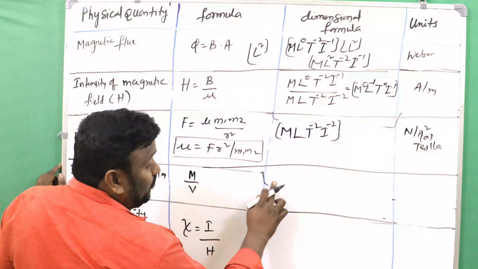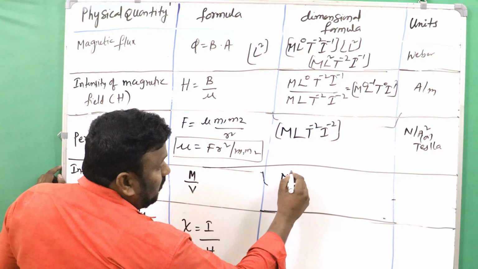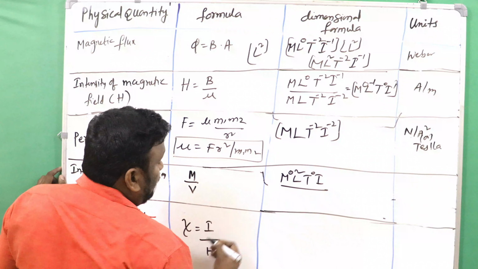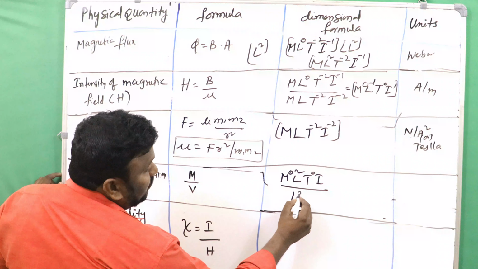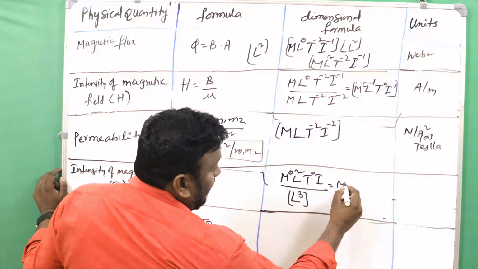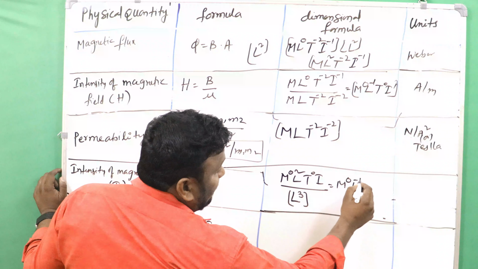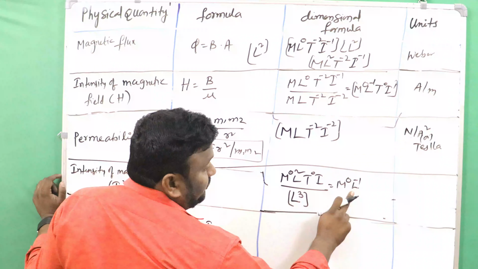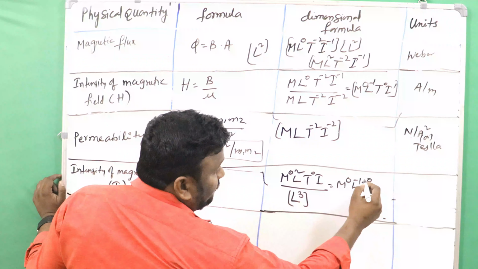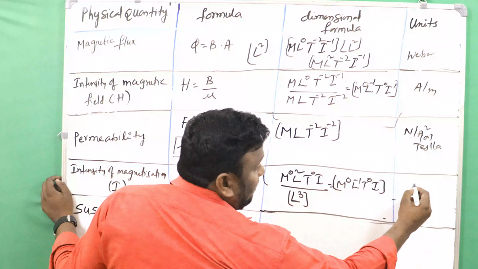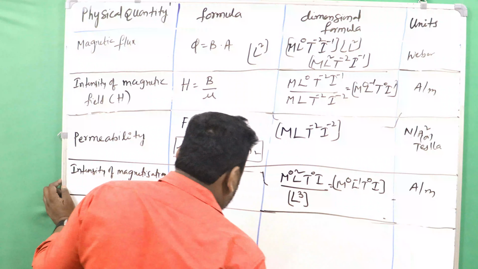Here magnetic moment is M to the power of 0, L square, T to the power of 0, I, divided by volume L cube. Then obviously M to the power of 0, L to the power of 2 minus 3, which is L inverse 1, T to the power of 0 and I. Here the units are ampere per meter.